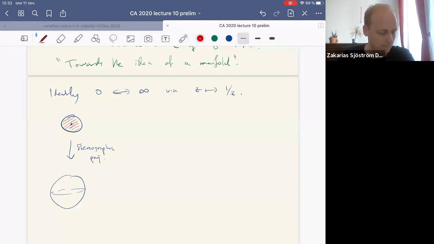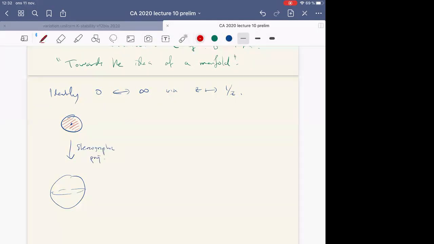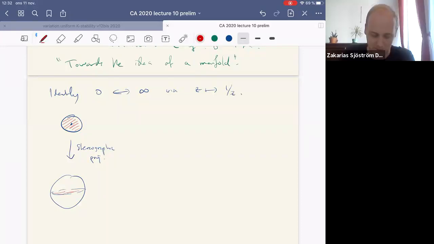Anyone? The south half. Yes, very good. So it corresponds to the south half, like this. Okay, so this is the corresponding set. And then this Z goes to 1 over Z, which is a Möbius transform, right?